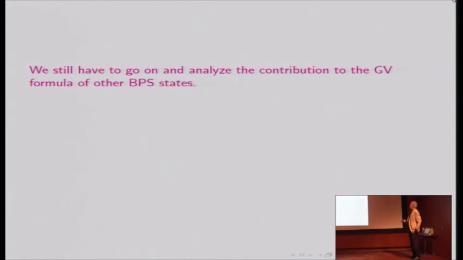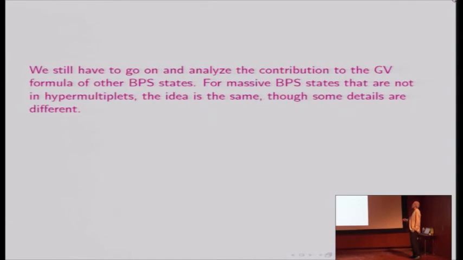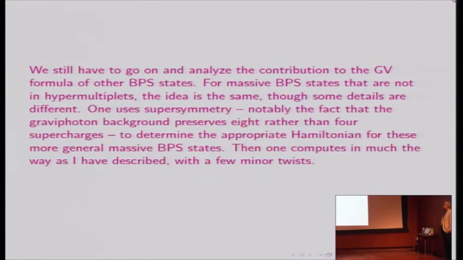So we still have to go on and analyze the contribution from other BPS states, but we don't really have time. For massive BPS states that aren't in hypermultiplets, the idea is the same, although there are a few extra details. You use supersymmetry. It's very important that the graviphoton preserves 8 supersymmetries to determine the appropriate Hamiltonian, and then you compute much the way I described.